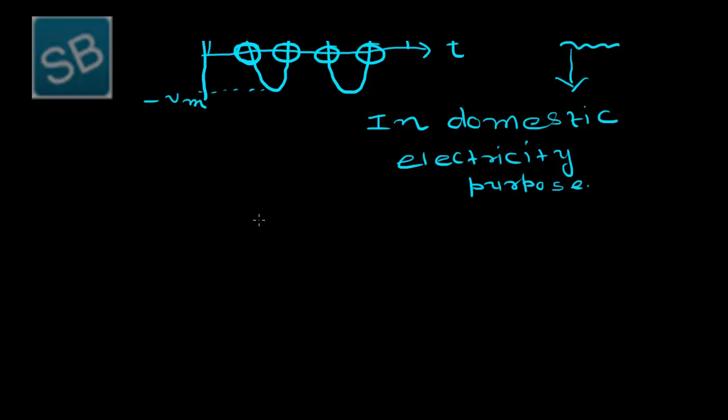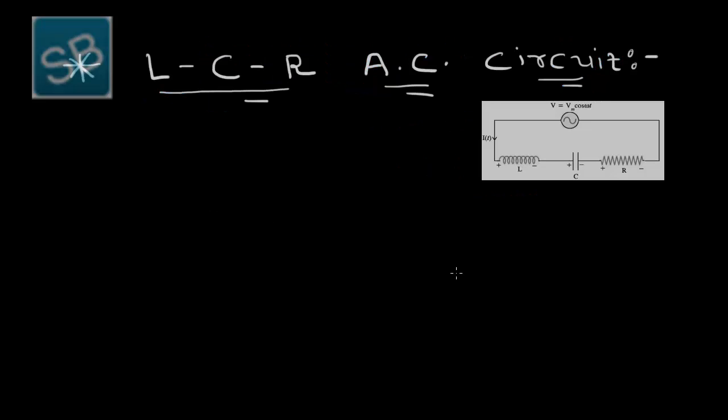Now we will start our analysis by applying AC circuit analysis. We start to understand the alternating current circuit, which is made up from the combination of L, C, R. So what are these quantities L, C and R?